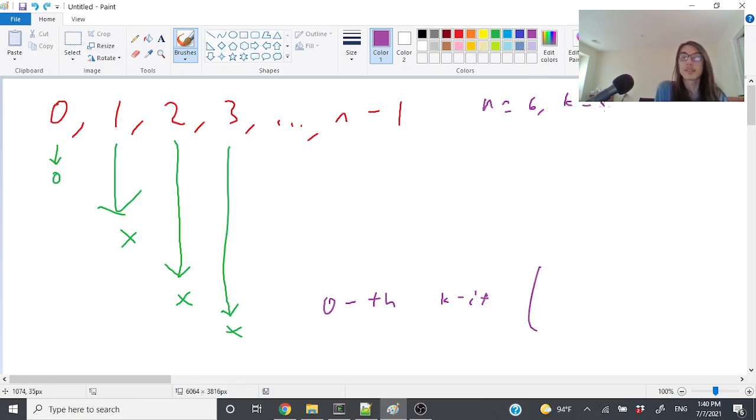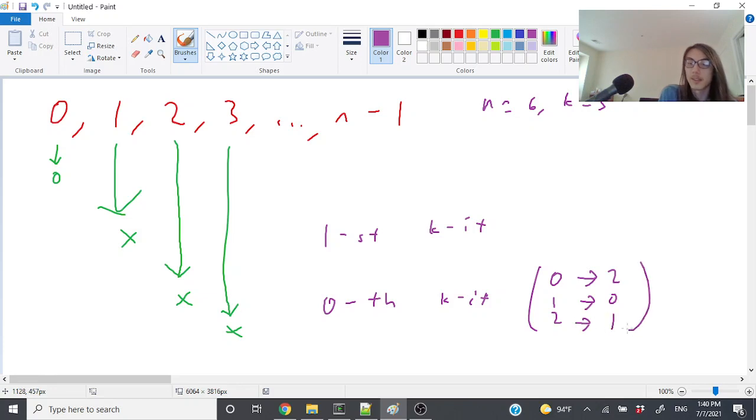Then we have 2 kits, and everything's in base 3. So we store essentially 0, 1, 2. So after this many operations, 0 would, for example, become 2, and then 1 would become 0, and then 2 would become 1. And then for this kit separately, we store that 0 becomes 0, 1 becomes 2, 2 becomes 1, for example.